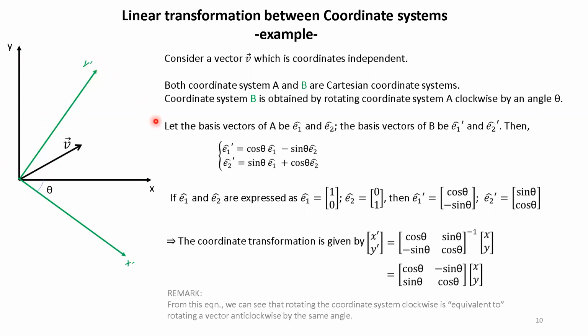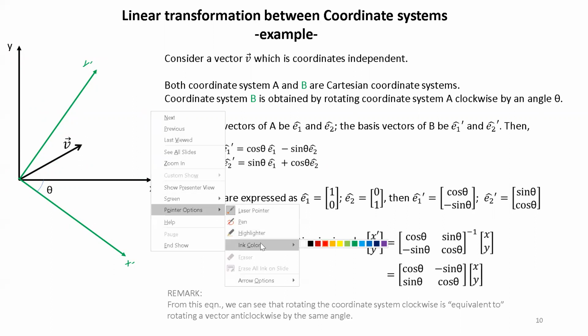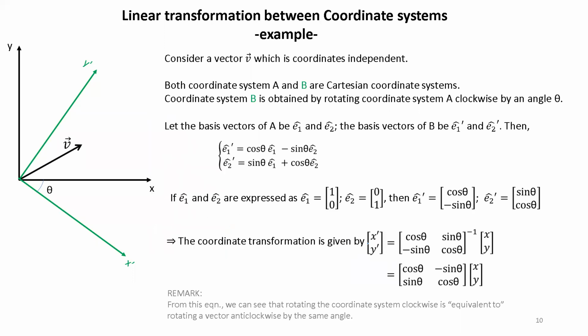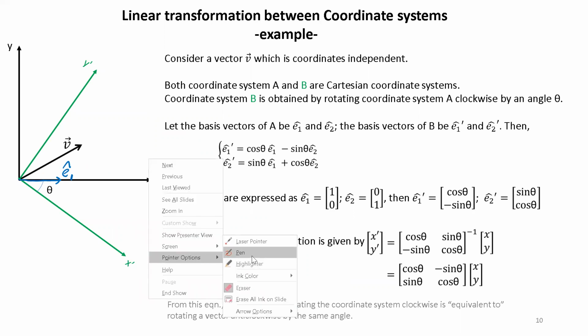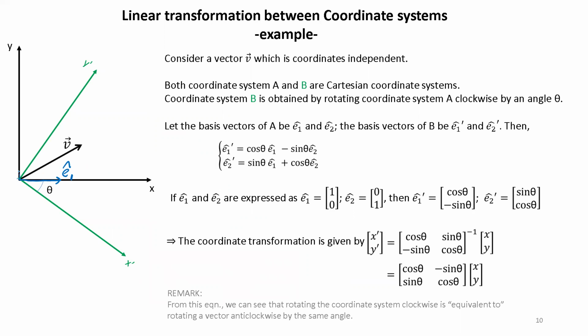First, I want to relate the basis vectors of the two coordinate systems. Before the transformation, my basis vectors are this E1 and this E2.